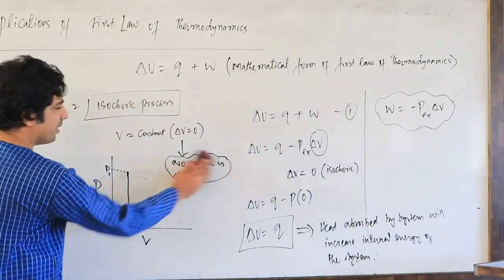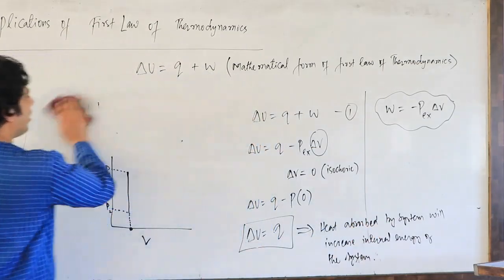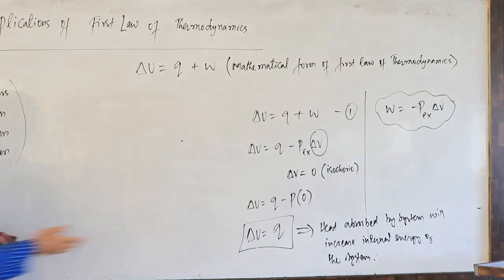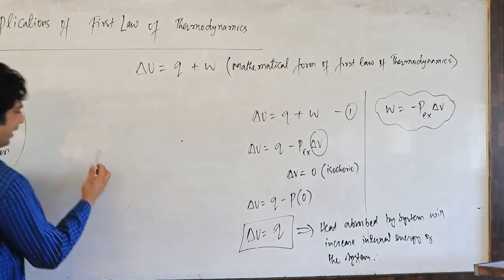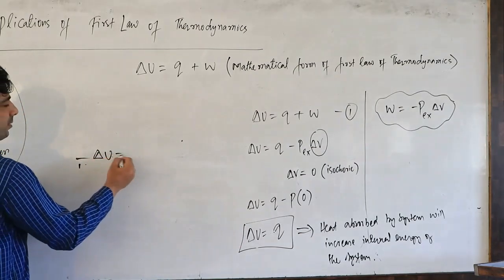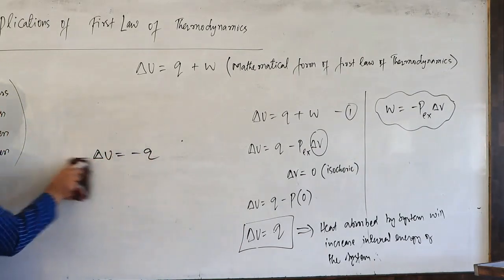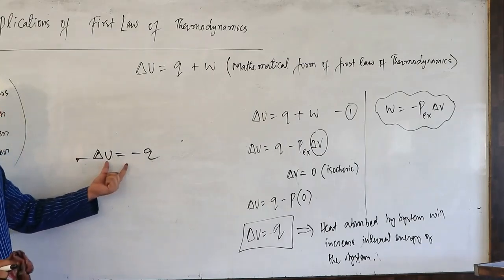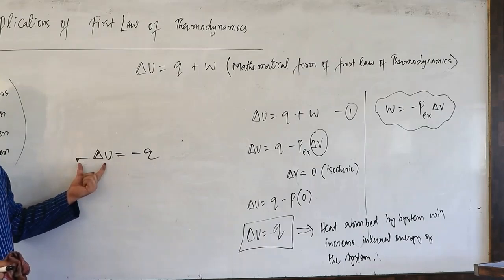I can write it in an opposite way also. Yes, what is that opposite way my dear friends? If I write down the same expression like this, what is the meaning of this? Heat lost by the system is equal to decrease in internal energy of the system.